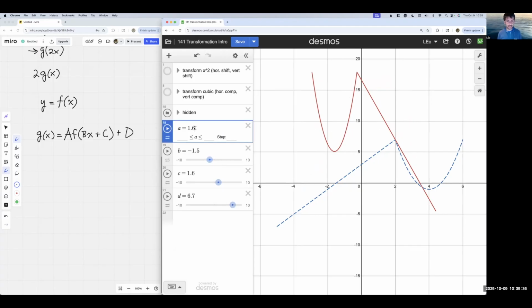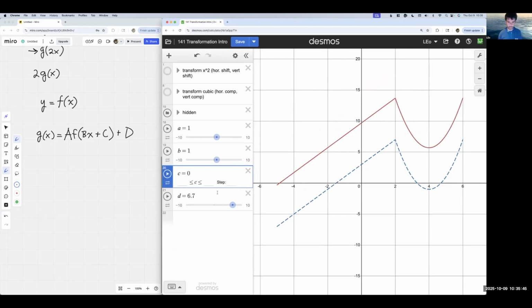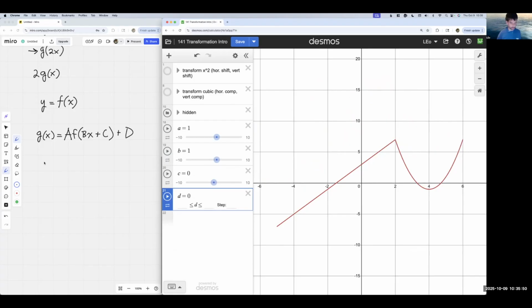So let's go through each of these transformations and just write down exactly what they do. All right, so just getting back to our original, let's talk about what A does. A is multiplying the outputs by a number. And this, we said, was a vertical stretch or compression.